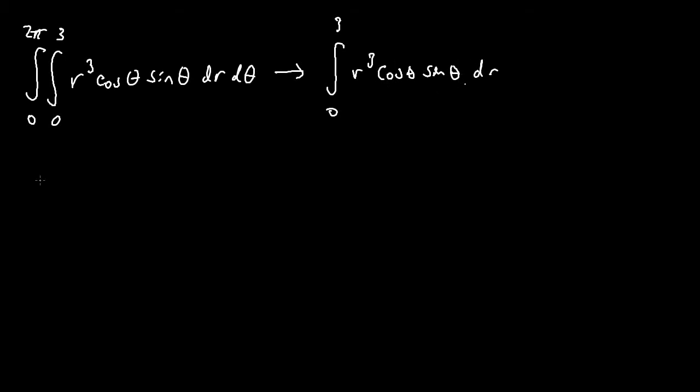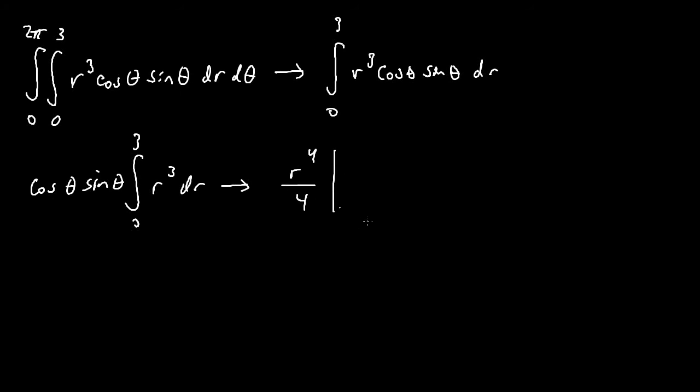So we can take that outside of the integral and say cosine of theta times sine of theta times the integral from 0 to 3 of just r cubed dr. So the integral of r cubed is r to the 4th over 4. And if I evaluate that from 0 to 3, when I plug in 3, we will get r to the 4th, so 3 to the 4th is 81, so 81 over 4, minus, when I plug in 0, we get 0 over 4. That will just cancel. So we're left with 81 over 4.